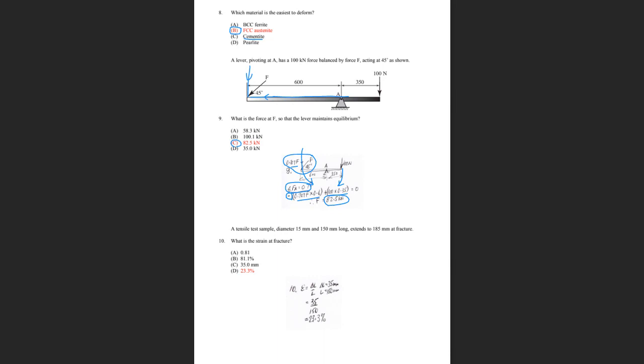Next question. Question 10, a tensile sample, diameter 15 millimeters and 150 millimeters long, extends to 185 millimeters at fracture. What is the strain at fracture? Now you know that strain is the change in length over the original length. And put your data here.